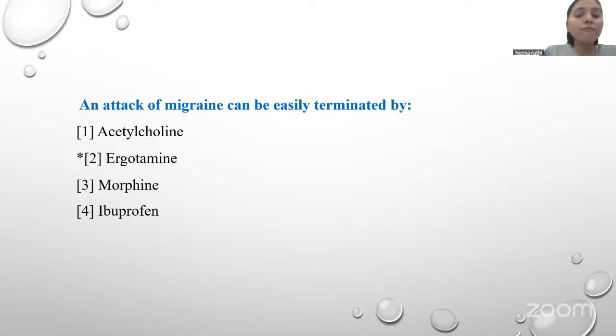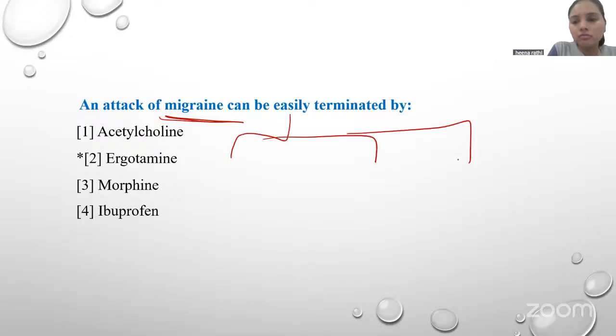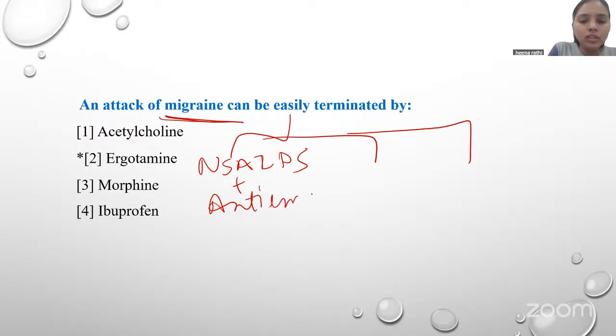An attack of migraine can be terminated by ergotamine. For migraine, we have multiple types of drugs. First are NSAIDs, which are given. If it is along with nausea and vomiting, then we give antiemetics for that.